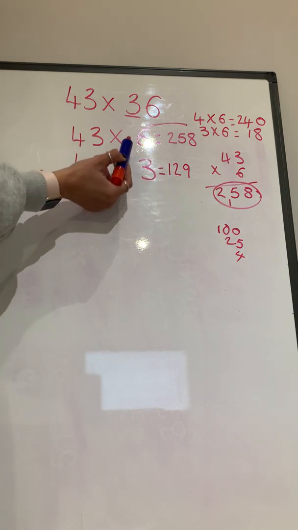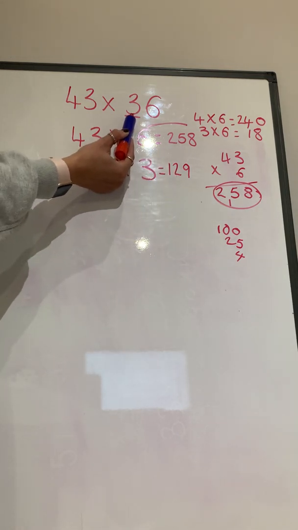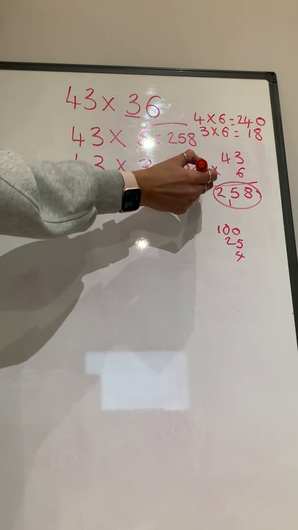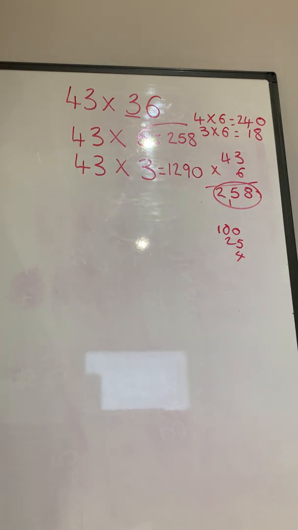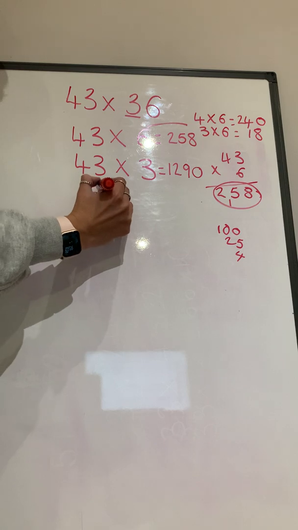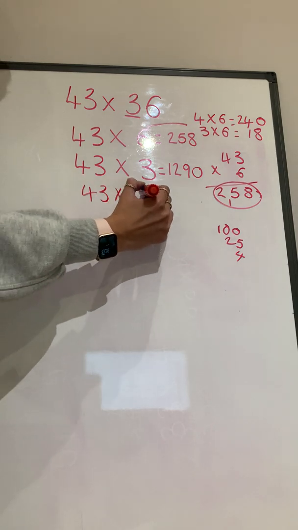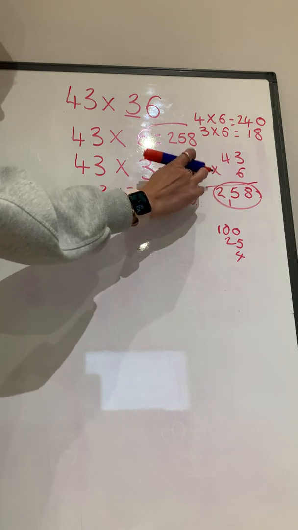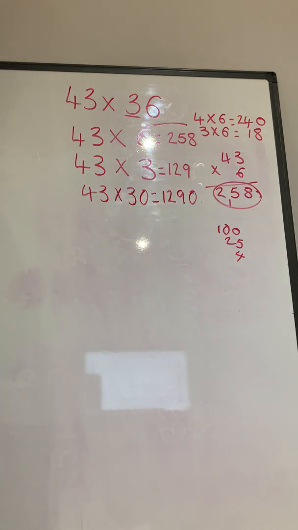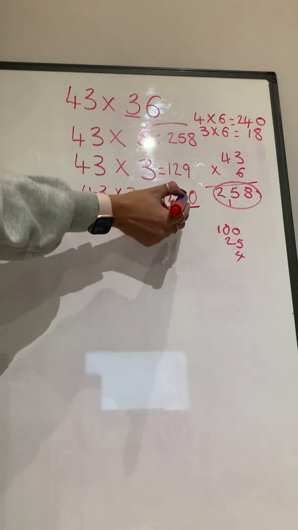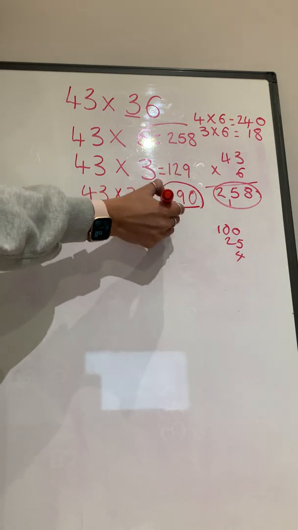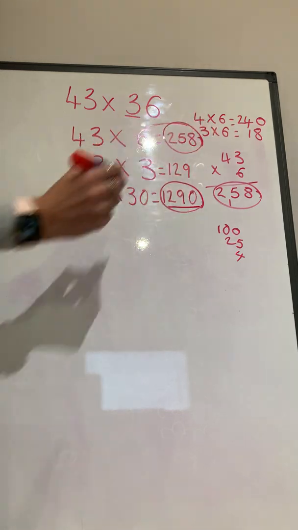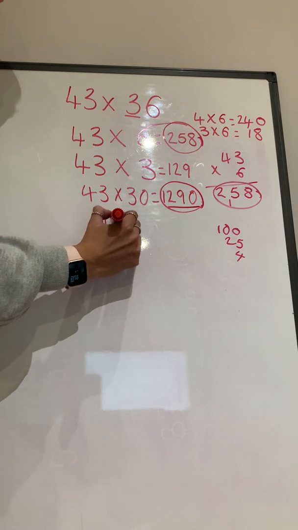Now we all know that that 3 actually represents 3 tens, so we need to make this number 10 times larger. And that now reads 43 multiplied by 30, let's move that down here, is 1,290.